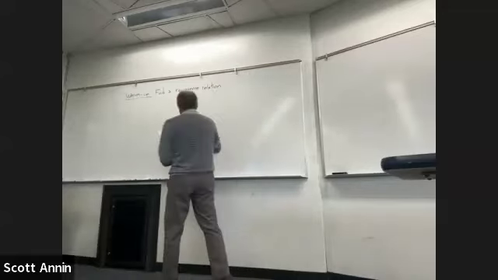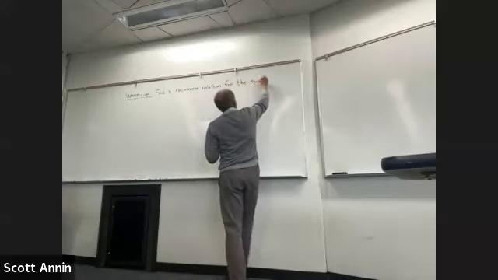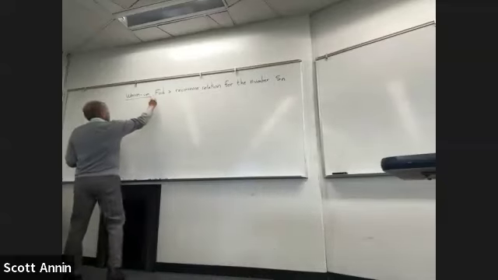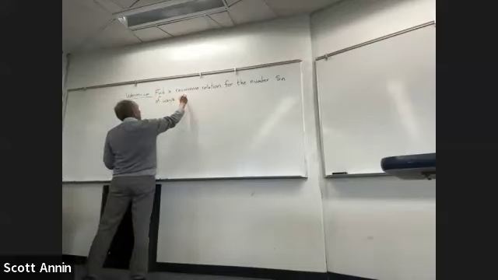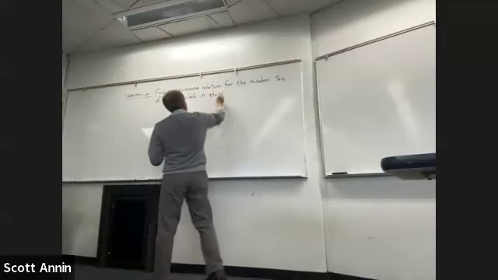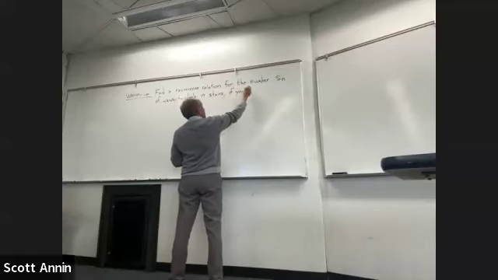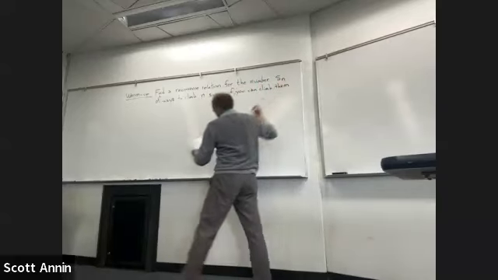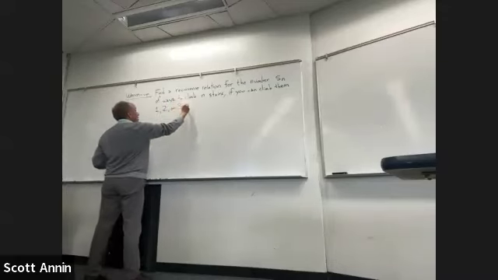So find a recurrence relation for the number, I'm going to call it S sub n, of ways to climb n stairs, if you can climb them 1, 2, or 3 at a time.